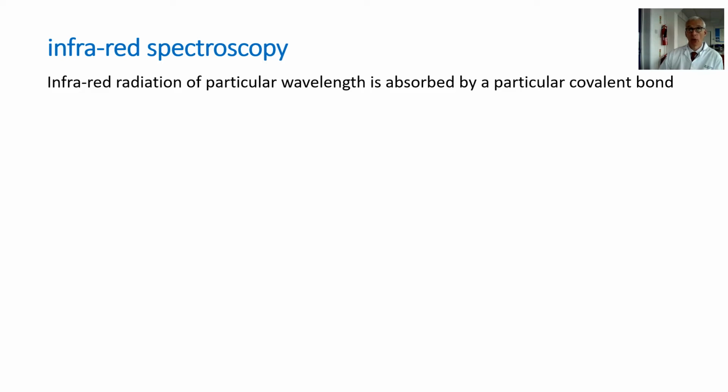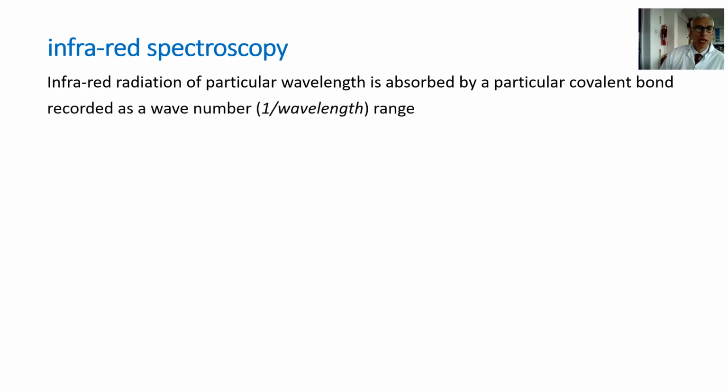Only some wavelengths of infrared radiation are absorbed, dependent on which bonds are present, because each covalent bond absorbs in a certain range of wavelengths. Except that, for simplicity, we don't record that information as a wavelength, we record it as a wave number, which is simply achieved by dividing 1 by the wavelength.